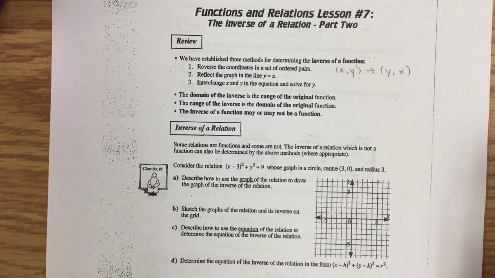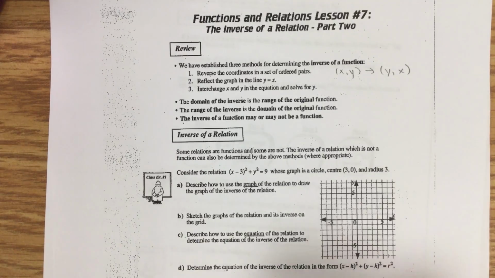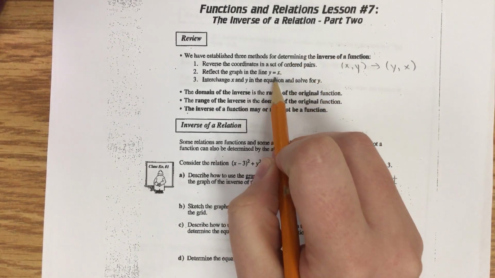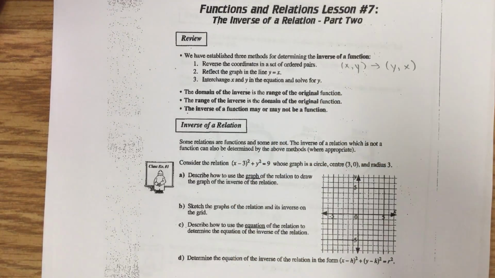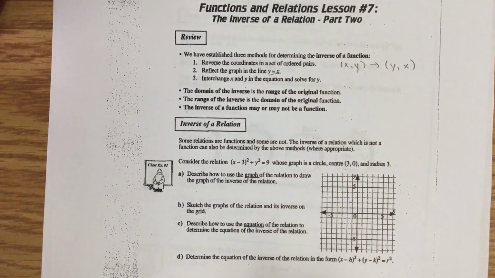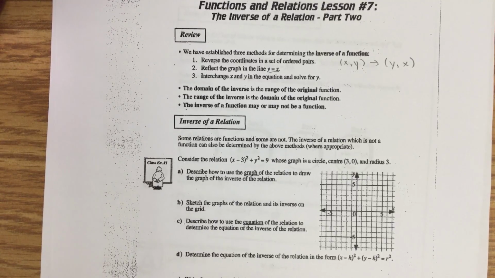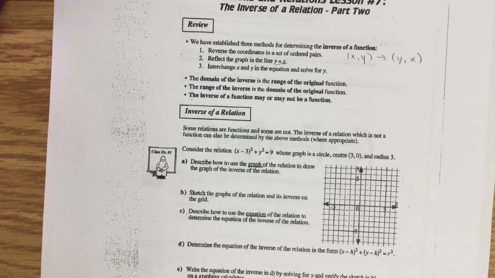We also said that graphically, if you look at the graph of a function and then its inverse, it appears to be reflected over the line y equals x, which we also call the mirror line. And if we were solving for the equation of a relation algebraically, we would interchange x and y and solve for y.